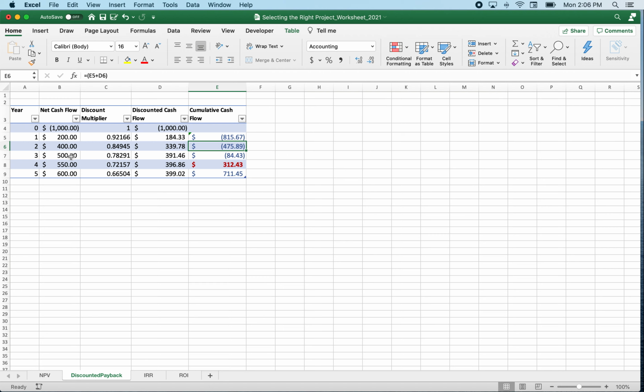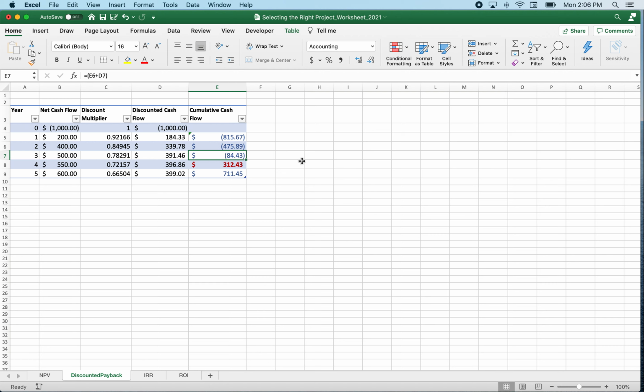Likewise, year 3, $500 in projected revenues, which translates to $391.46 in terms of present dollars, or present value. That value is a benefit, so it's offsetting some of the outstanding costs, the money that we're trying to recoup. And if we add 391 to the $475.89, which is a negative value, keep in mind, because it's still an expenditure, we are now at negative $84.43.